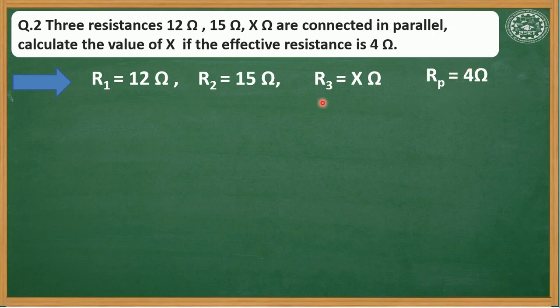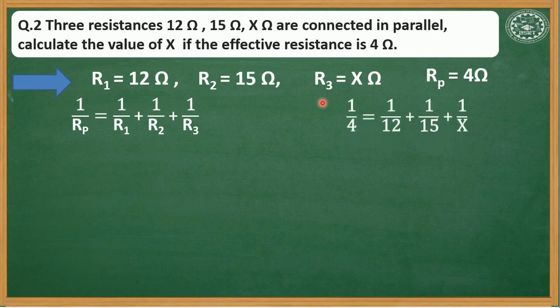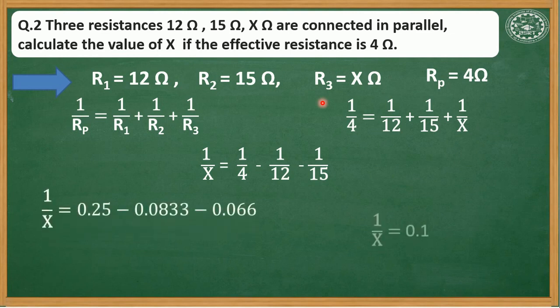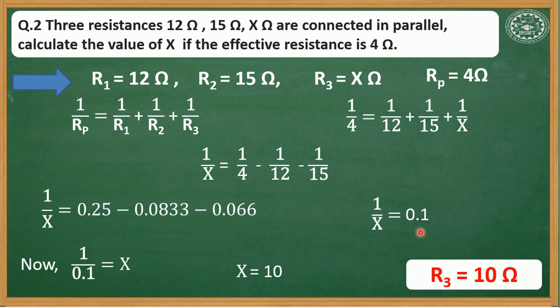So we are asked to calculate R3. Write down the formula, put the values, do some mathematics, calculate. Now 1 upon X is equal to 0.1. So X, means R3, comes out as 10 ohm. Okay, pause the video and look at the numerical once again.